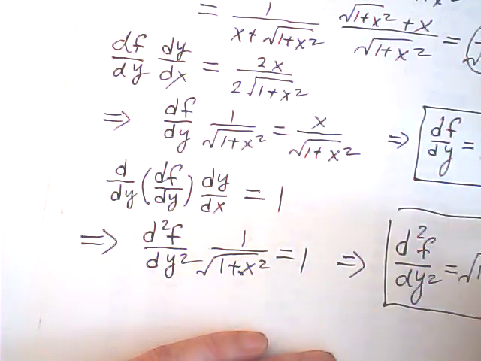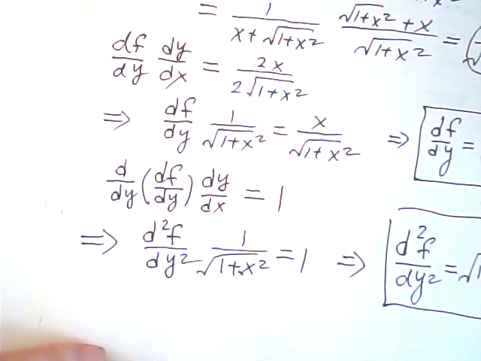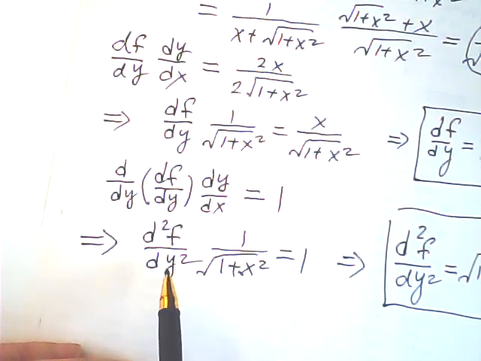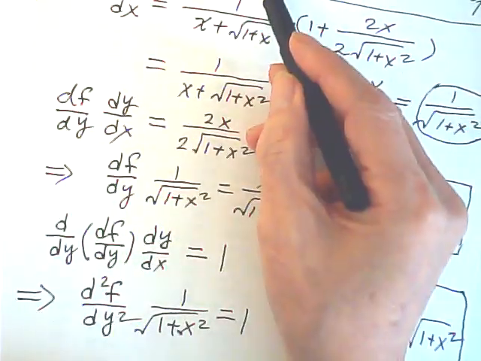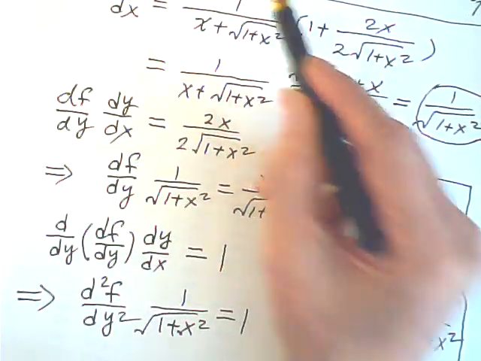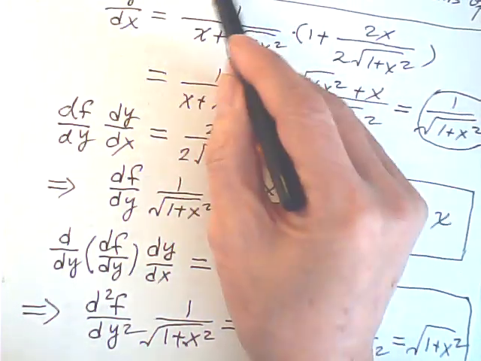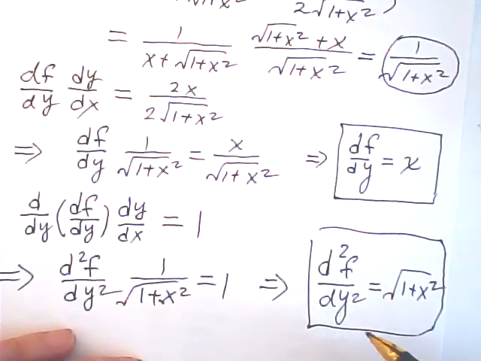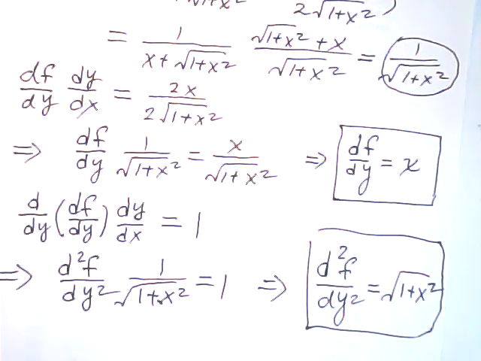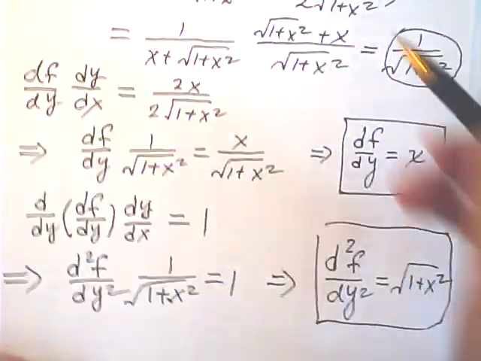This is a very good question. So we find this one, that would be this, because the product is equal to 1. That is the first question. We have found the second derivative of f with respect to y, just in terms of x.